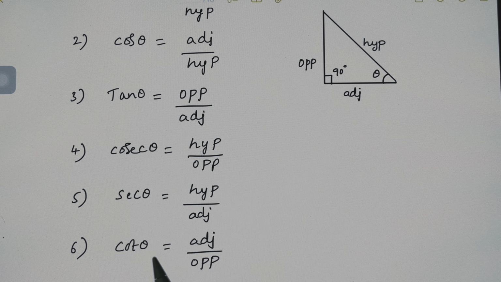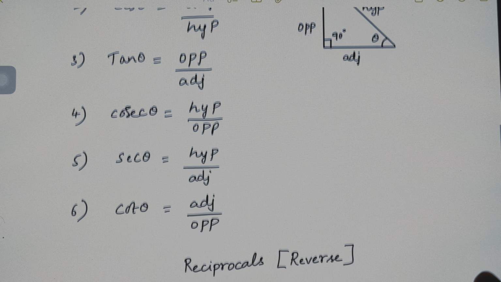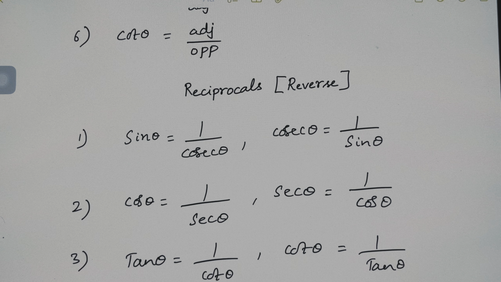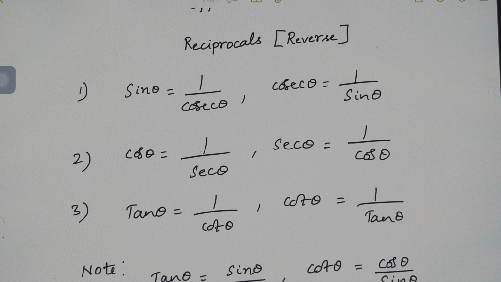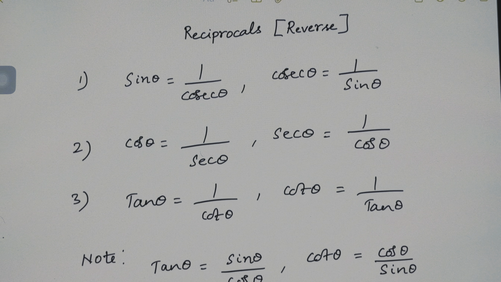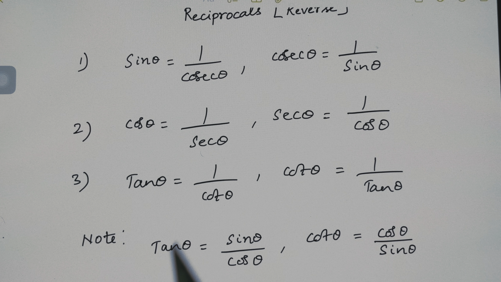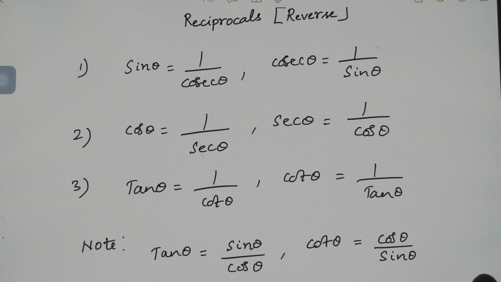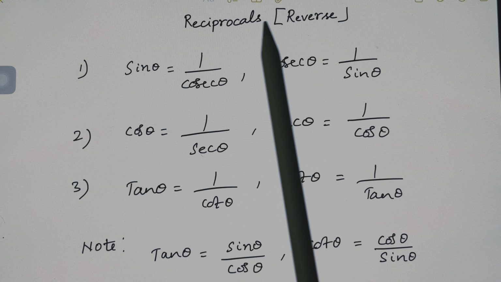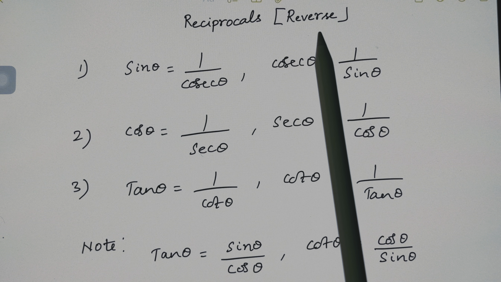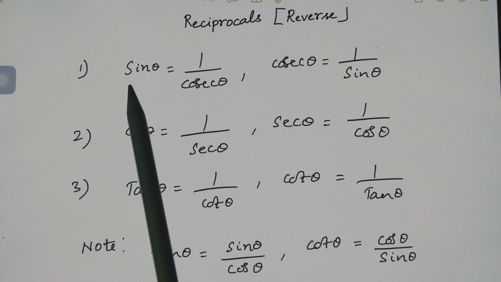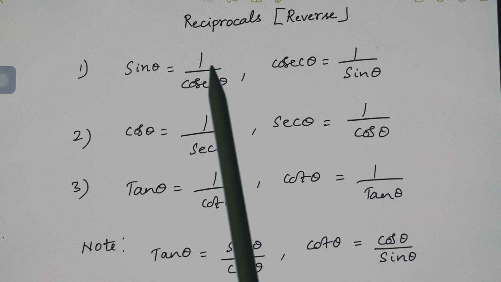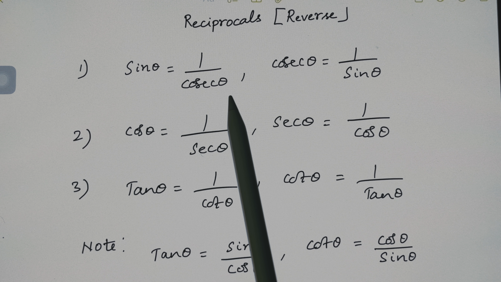Moving on, we are going to study reciprocals. Reciprocals means reverse. So we have sin theta. Sin theta is equal to 1 by cosecant theta.